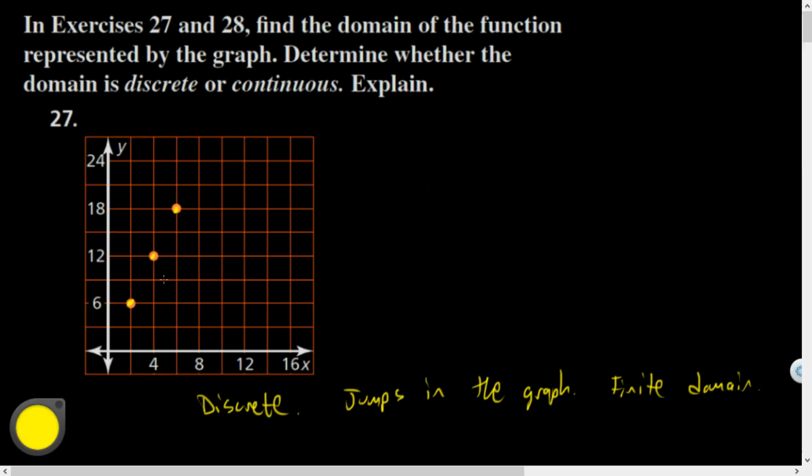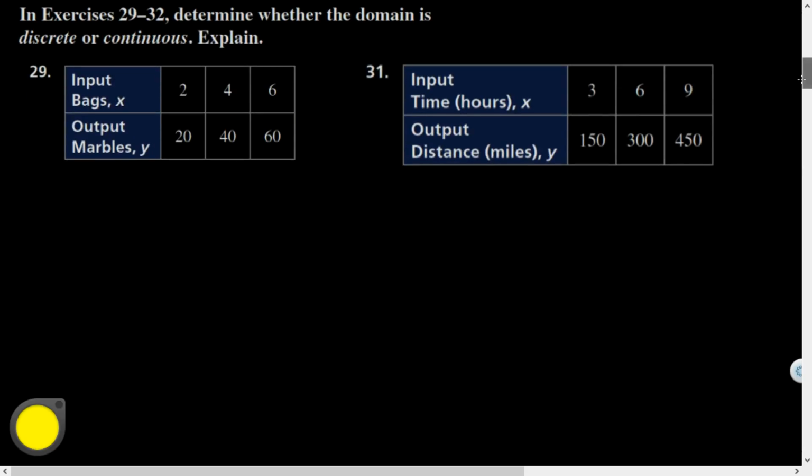If these points were here and here, it still would be discrete. So I guess the horizontal jumps are what would matter more for a discrete domain. But it's discrete. It's got a handful of points rather than infinitely many points, is the idea.